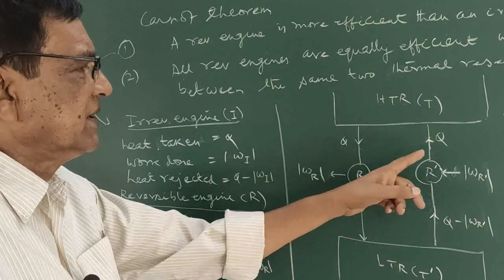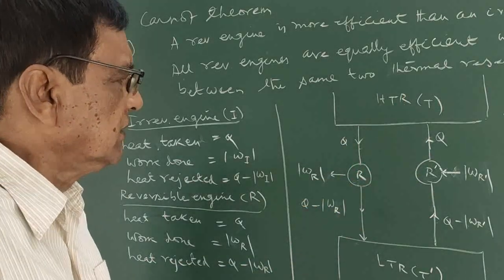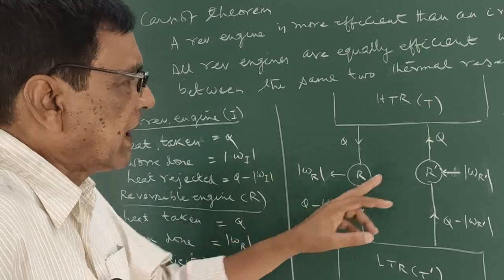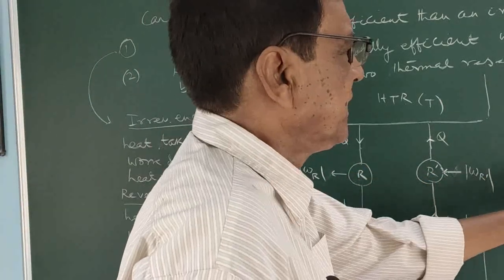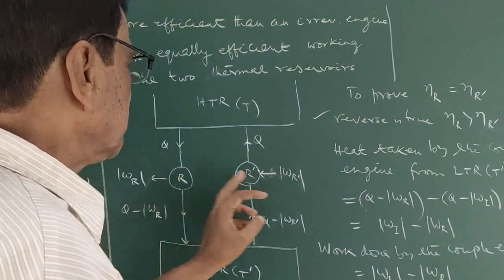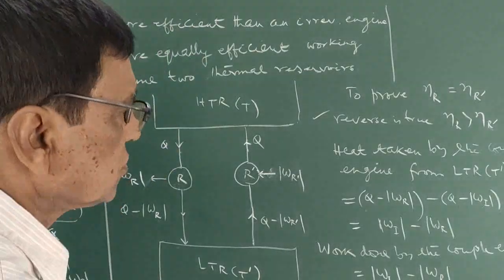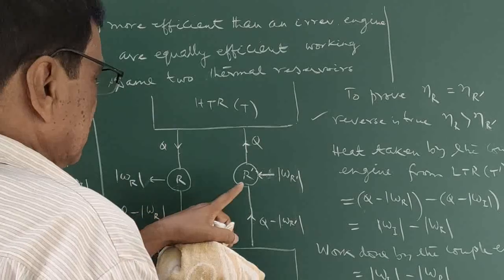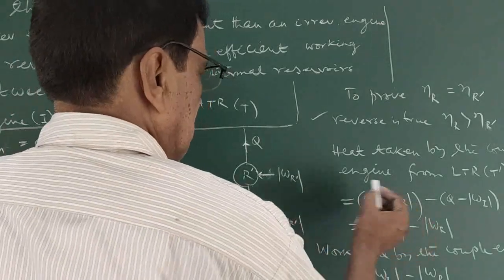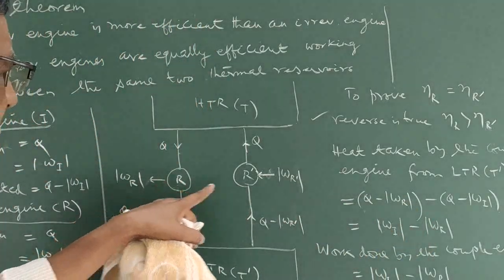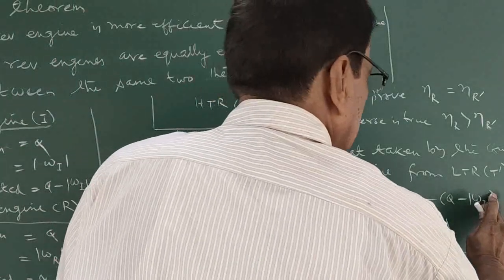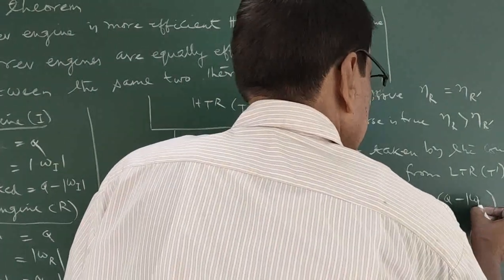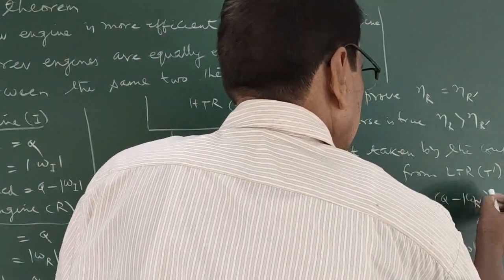Q is coming and Q is giving, and then the amount of heat taken by this coupling in this case also from this HTR, this one we have received, and this one given means R dash.